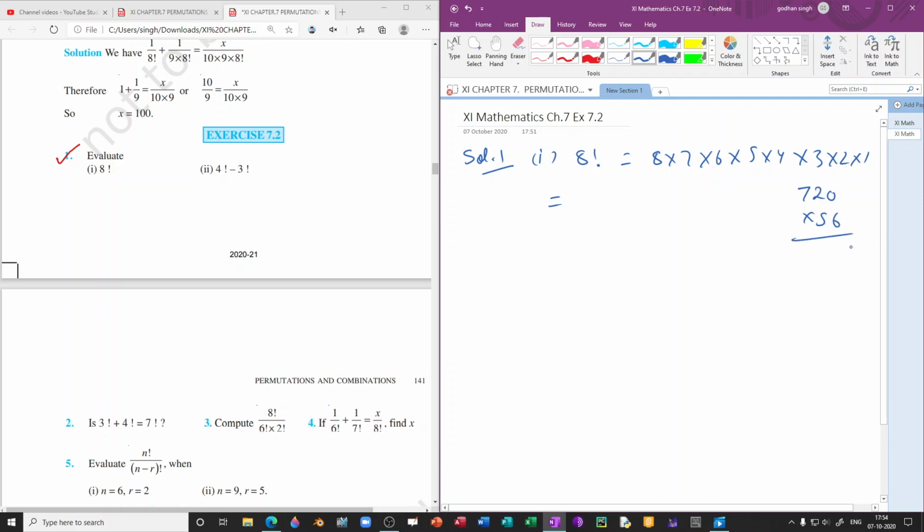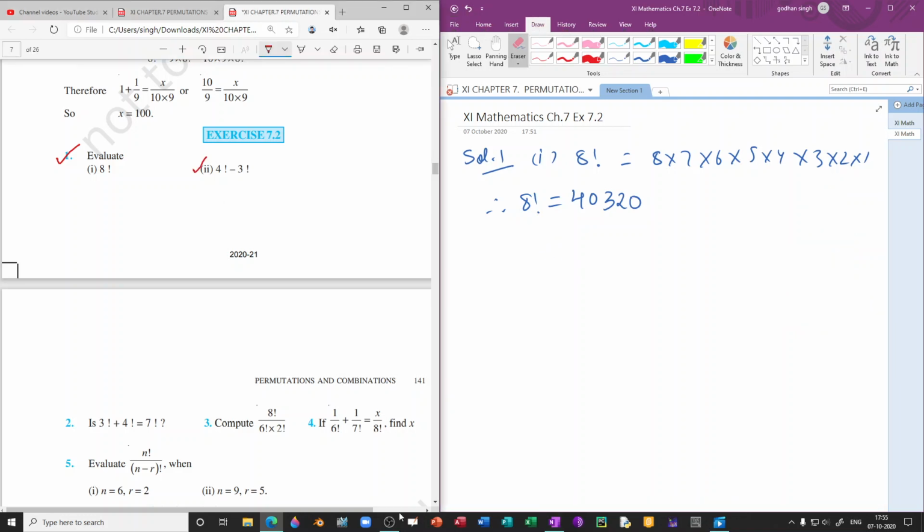So here we will be getting 0, 6 into 2 is 12, 1 carried over, 7 into 6 is 42, that is 43. Then 0, 5 into 2 is 10, 1 carried over, 7 into 5 is 35, 36. Here we will be getting 0, 2 plus 0 is 2, 3 plus 0 is 3, 6 plus 4 is 10, 1 carried over, and here we will get 4. So therefore we can say that 8 factorial is equal to 40320. So this is the answer of question number 1, first part.